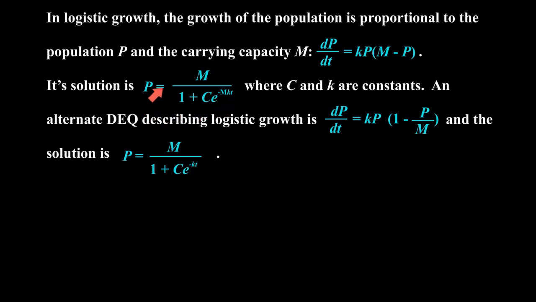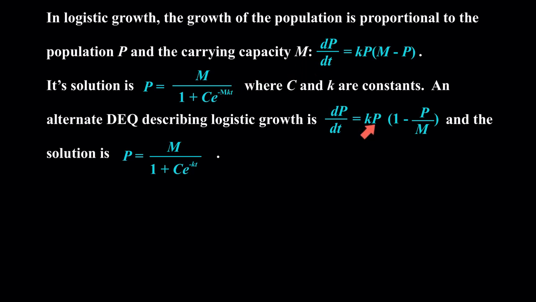And so P is equal to M, which once again is the carrying capacity, over 1 plus C, which is a constant, times e raised to the negative M, so that's the same M, times k, which is another constant, times t, which is time. And this is one set of differential equation with its solution.